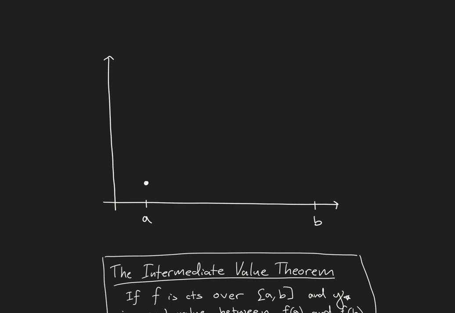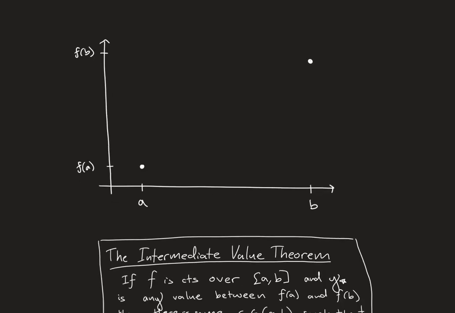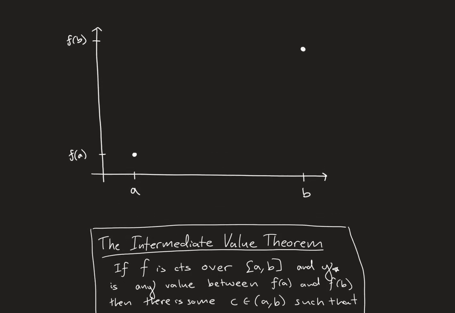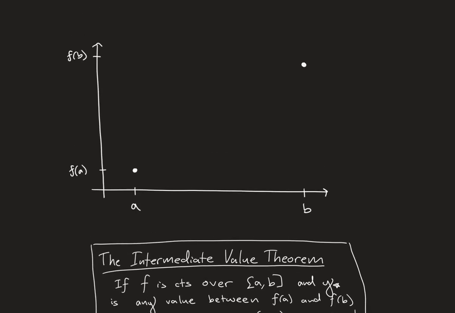Let's call this f of A, and this one up here, maybe f of B. And then y star is any value strictly between f of A and f of B. I'll call it maybe this one. It's a y value.